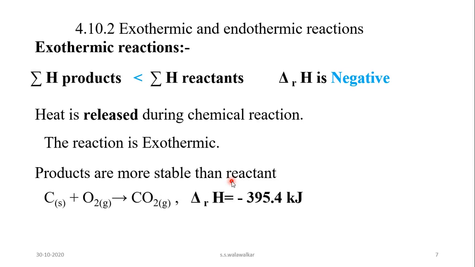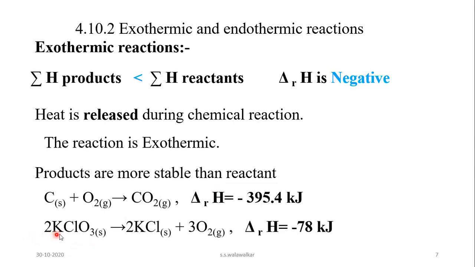So, for example, carbon in solid state plus oxygen in gaseous state gives you carbon dioxide. It is a simple combustion reaction, and delta HR for this particular reaction is minus 395.4 kilojoules. It is an exothermic reaction. Heat is evolved during the reaction, and therefore it is an exothermic reaction.